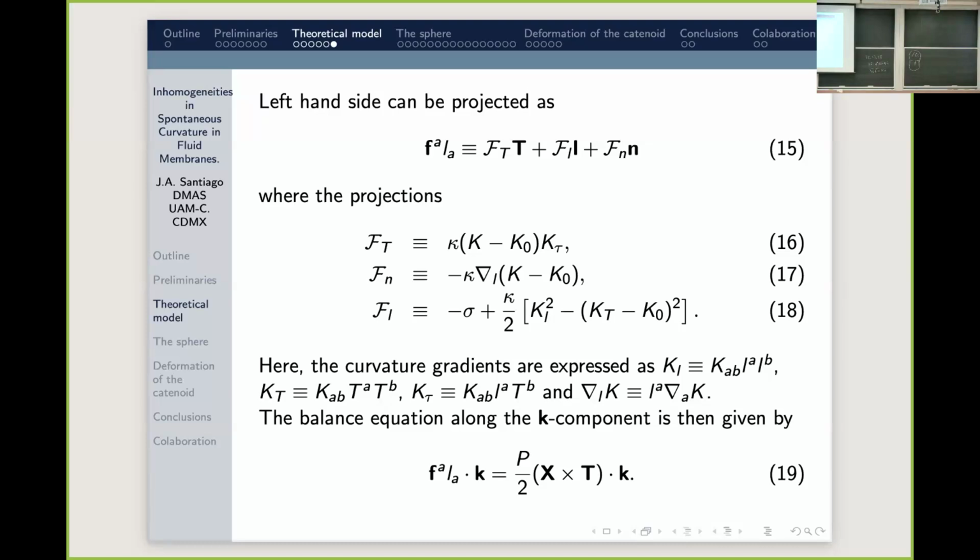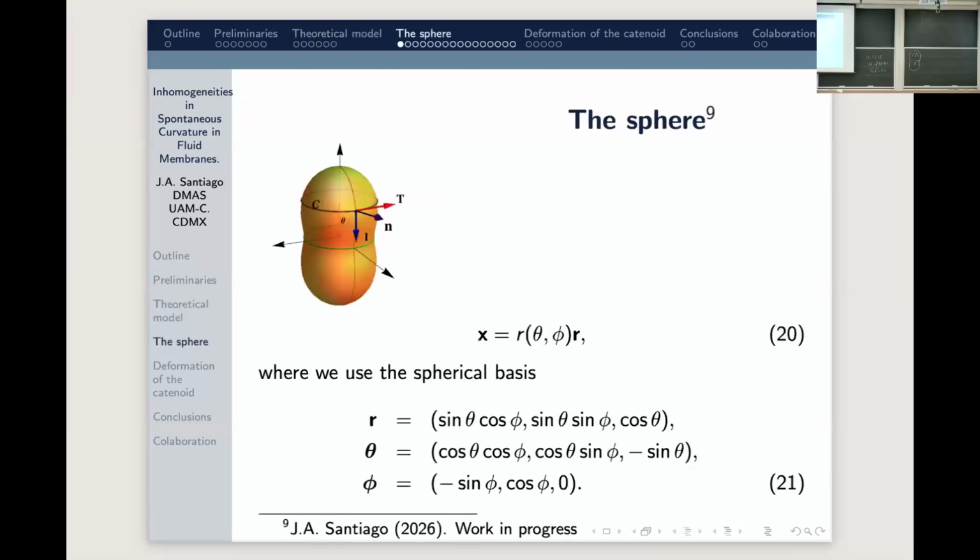Of course, we have to do these projections. Let me say something about a recent work on the deformed spheres, for instance, where R can be taken as the radius of the sphere, and then we can write the sphere with a small deformation here.